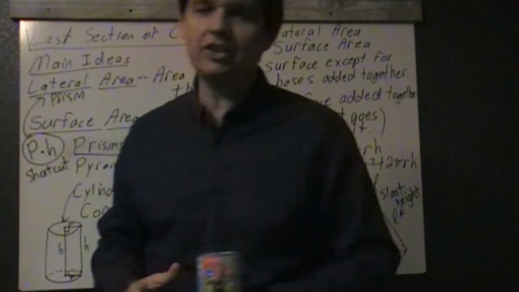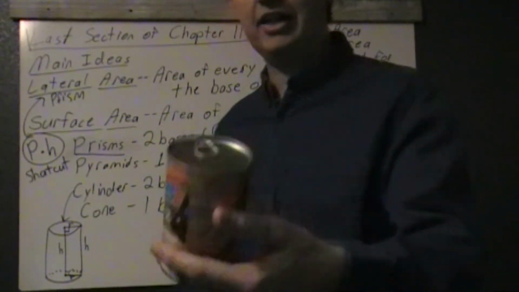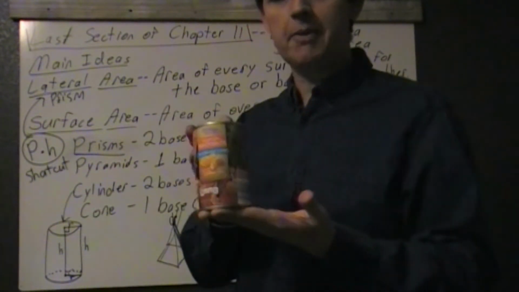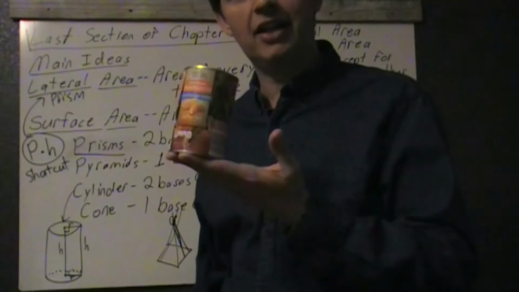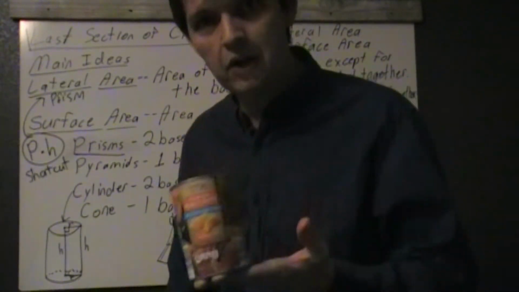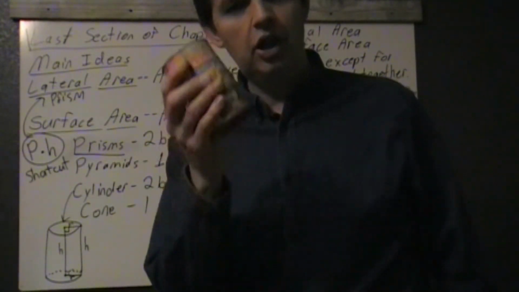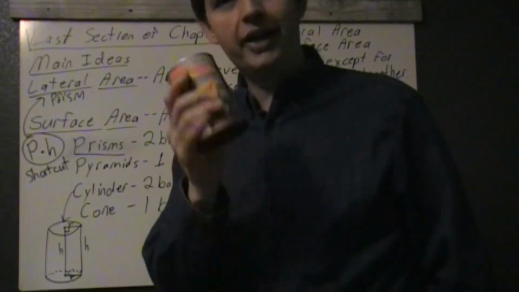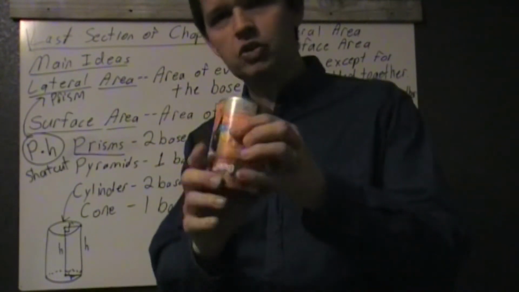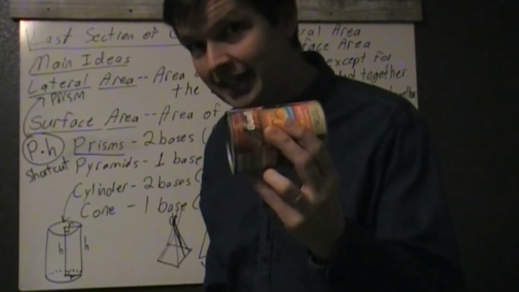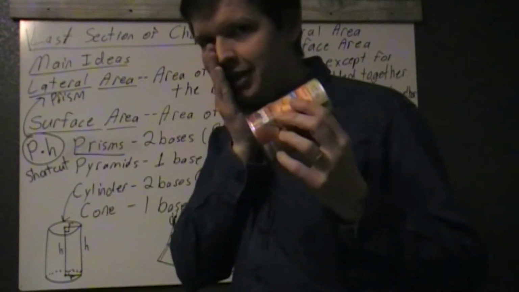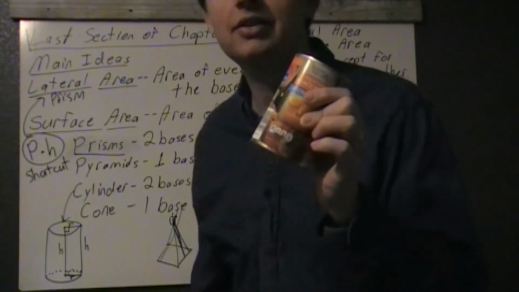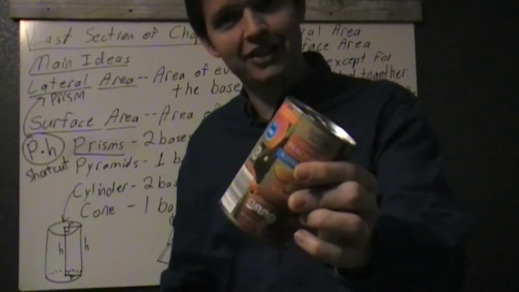But just to make sure we're in good measure, I'm going to bring out a can of peach slices. Okay? You'll be asked to find the area of the label of a can of something, or a Coke can, or something like that. Notice what this is. What shape is this? Yes, you are correct. It's a cylinder.